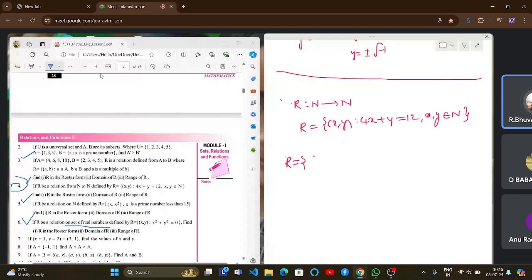Put x equals to 1, then y value. So 4 plus y equals to 12 and y equals to 8. 8, sir. 1 comma 8. Next put x equals to 2. So 8 plus y equals to 12.